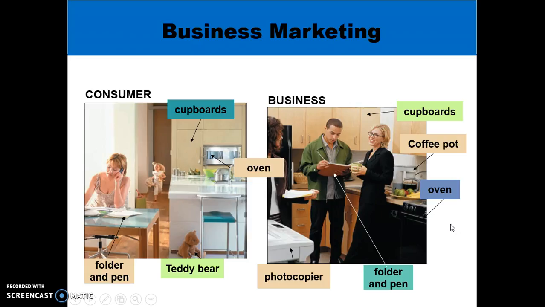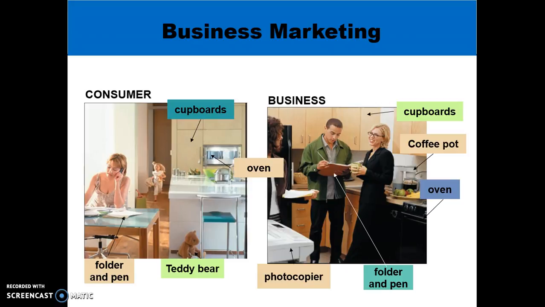And this slide illustrates it very well. The same products, the cupboards and the oven and the teddy bear and the folder and pen and photocopier, all of these products can be termed as consumer products when they are being used by the final consumer, or they can be called business products when the same products are being used, same pencil, same pen, or same folder, by a business for running its own operations.